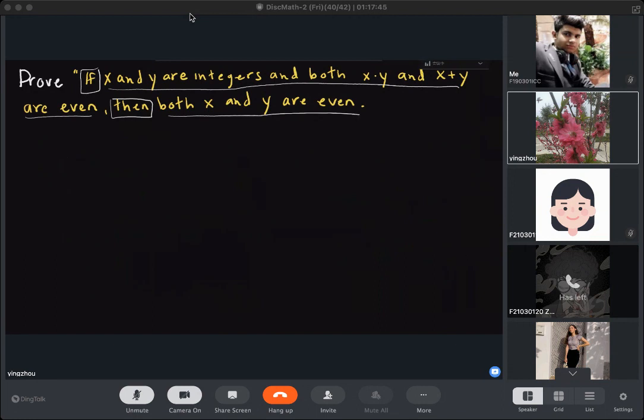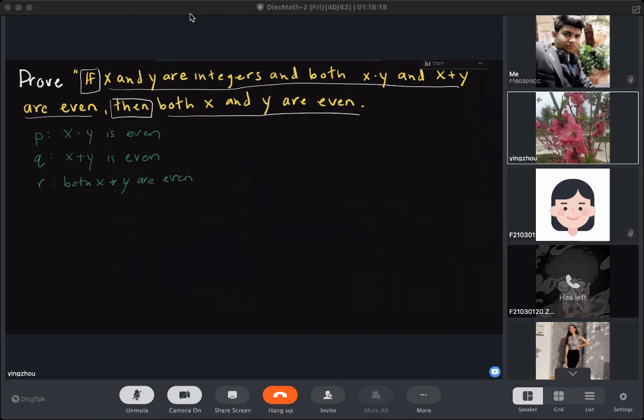So I want to talk to you about how this would look using propositional logic. I let P represent x times y is even, I let Q represent x plus y is even, and I let R represent both x and y are even. This is the way I'm choosing to do it. As we know, there are lots of different ways to represent things using propositional logic correctly.